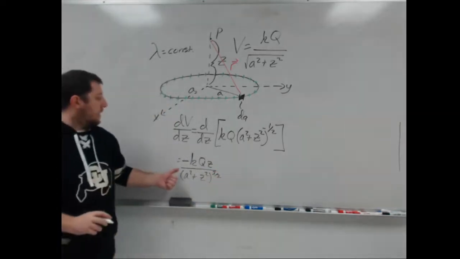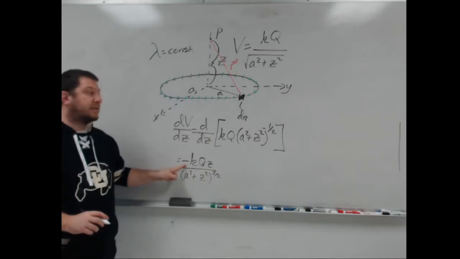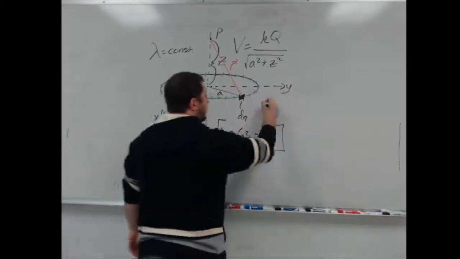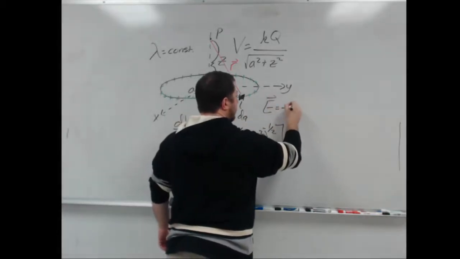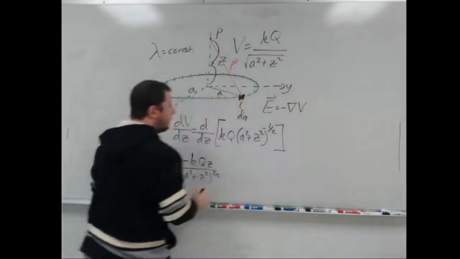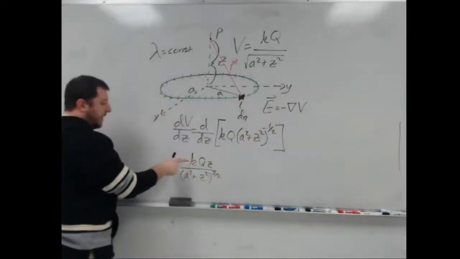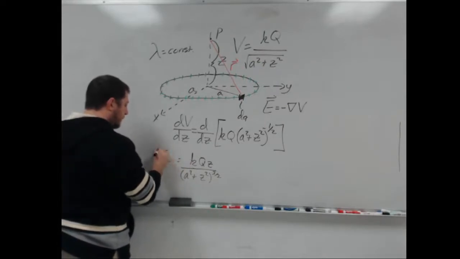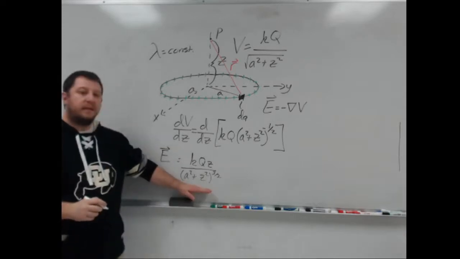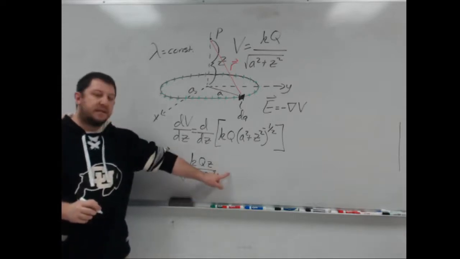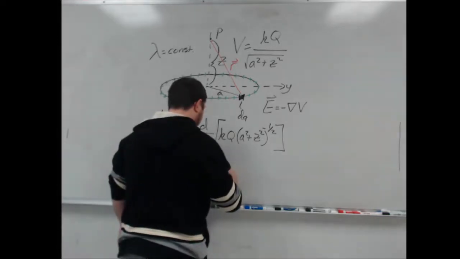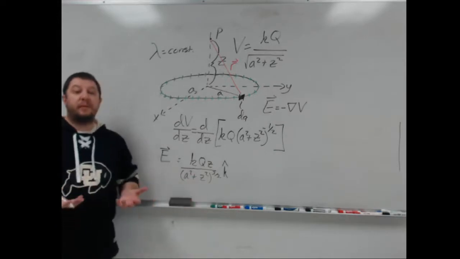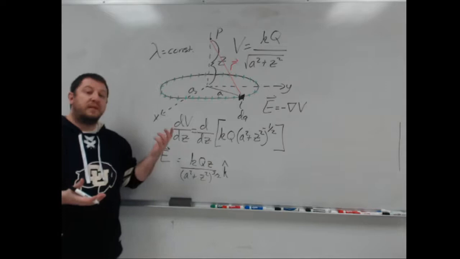Now the electric field is the negative of this, because E is equal to the negative gradient of V. This negative sign will cancel out with this negative sign. And so E is going to be this quantity in the z direction, or k-hat direction. And this is exactly the formula that we found when calculating the electric field with the integral method.